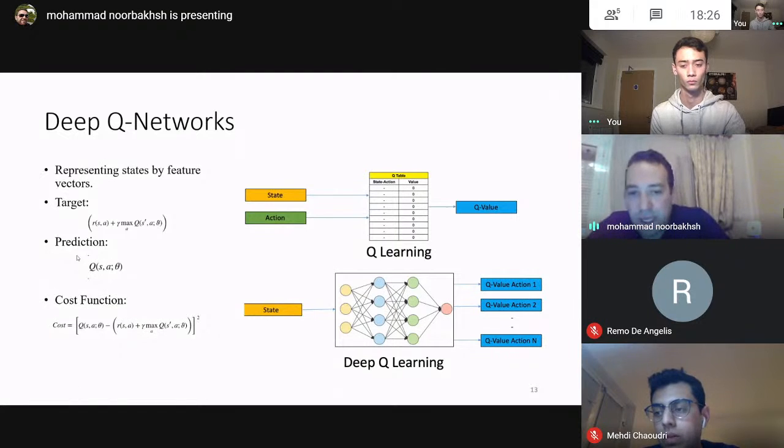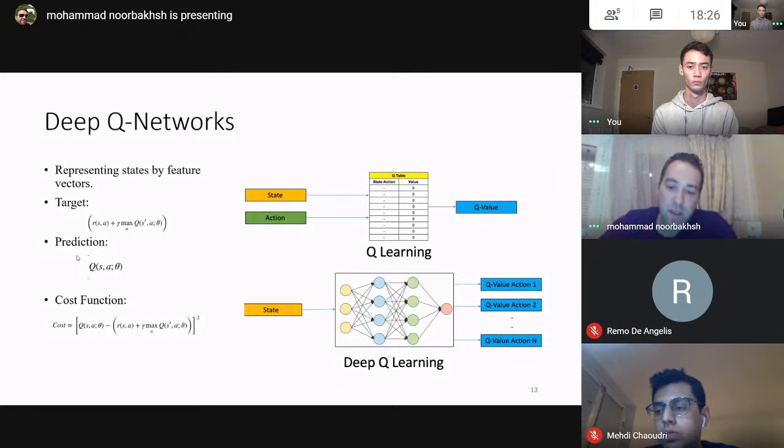But the problem with Q learning is that the target is unstable. The target values are changing as we know things better. The target value for Q depends on Q itself, so we are chasing a non-stationary target. How can we resolve this problem? This problem is solved with two solutions.